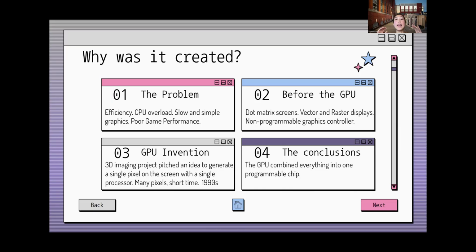The GPU combined everything into one programmable chip, meaning they used an existing rendering engine, a lighting engine and a graphics controller, and put it all in this programmable chip. Before, it was not programmable. It was just very basic.